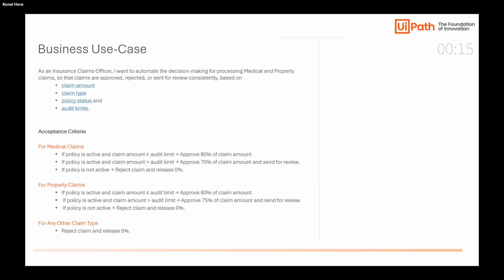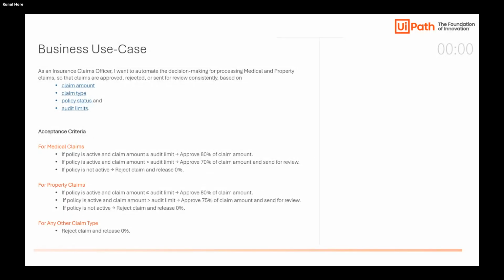Now, there is certain acceptance criteria. If it is a medical claim, your policy is active, and the claim amount is less than the audit limit, then 80% of the claim amount will be sanctioned. If it is active and the claim amount is greater than the audit limit, then 70% of the claim amount will be sanctioned, and it will also be sent for review. If the policy is not active, then the claim will be rejected and will release 0 rupees.